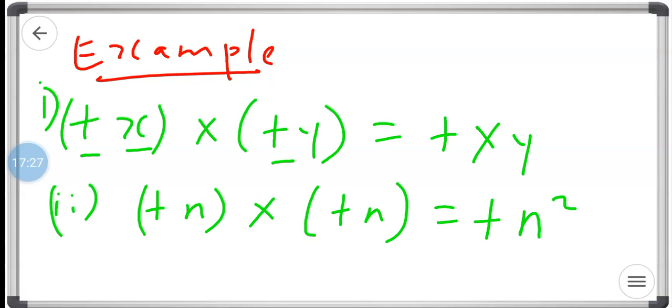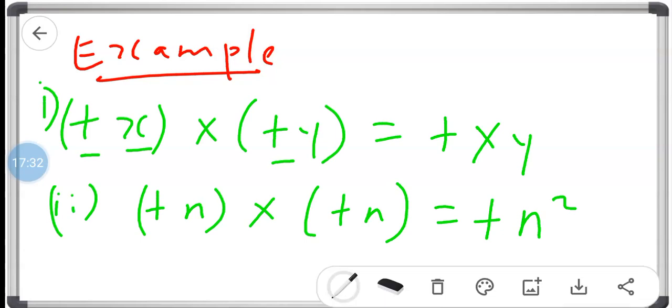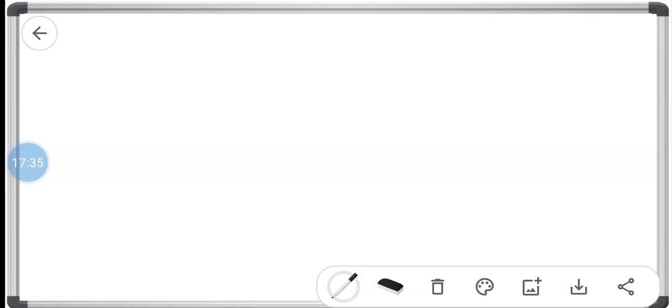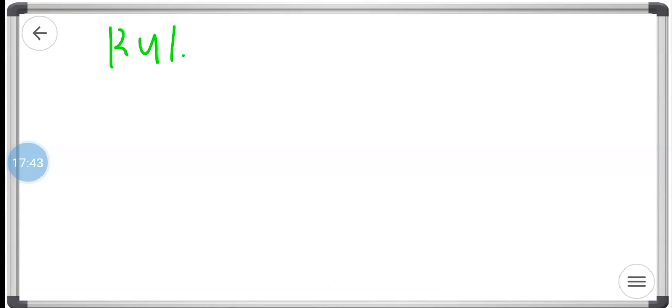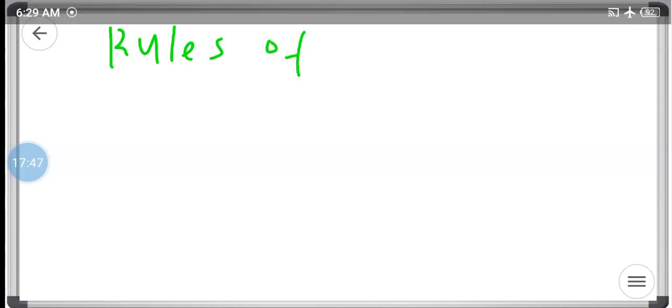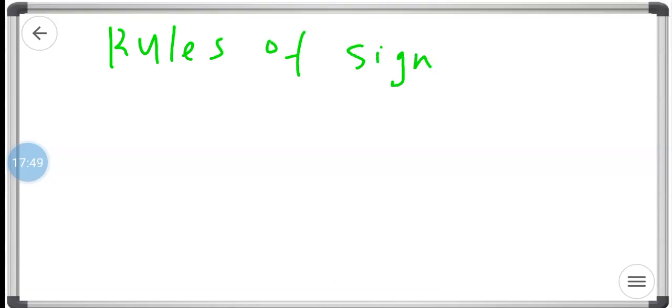The next one will be treating division. So quickly, let's consider the next one. Rules of sign for division.